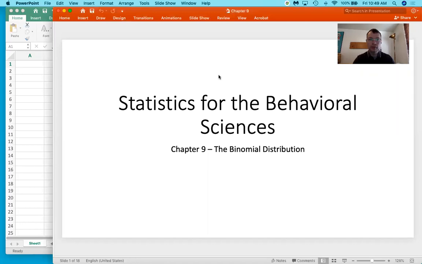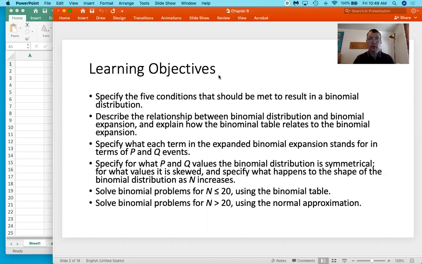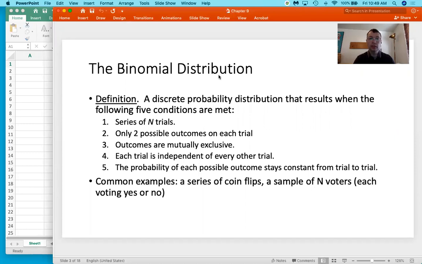Just for those who weren't there last week, the binomial distribution is a probability distribution that can be used to analyze probabilities whenever we have a series of trials, N trials, or experiments, or whatever we want to call them.